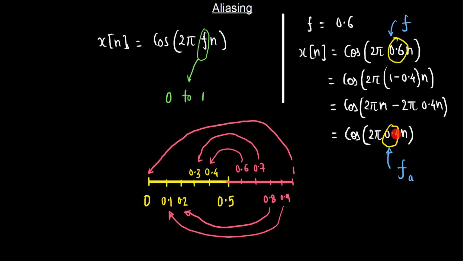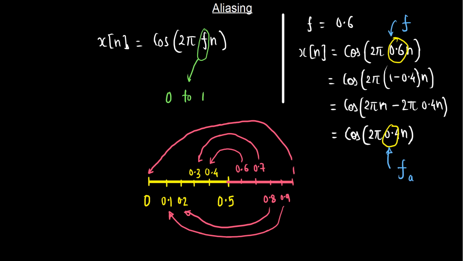That means the new signal with frequency fA is the same as the original signal f. So both of these signals, the one with 0.6 as f and the other with 0.4 as fA, are the same. They are equal signals.